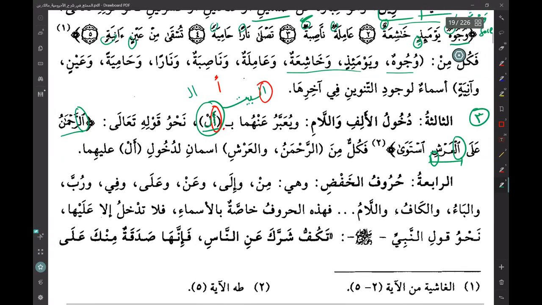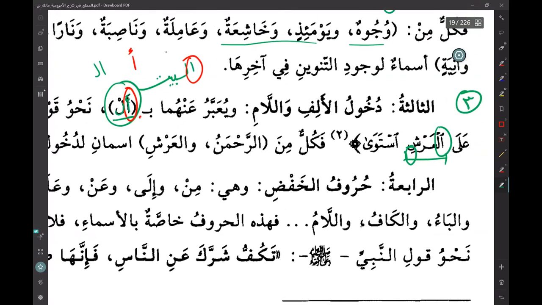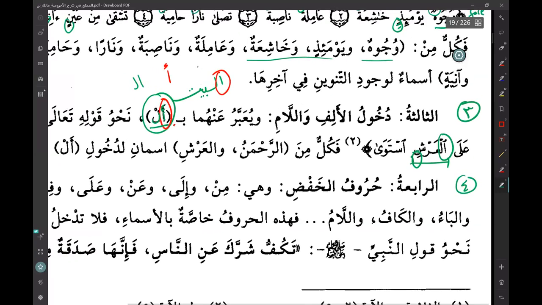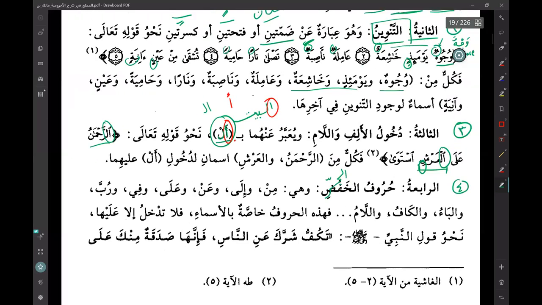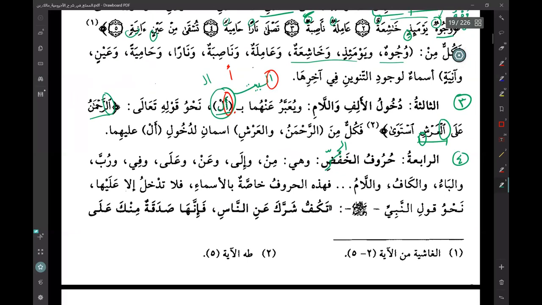No. And the last one we have is the fourth, huruful khafd, huruful jar, which is the preposition, and then it lists all of them. We went through them, right?